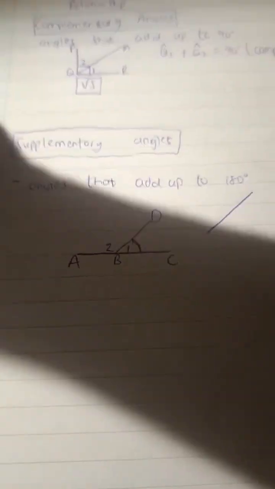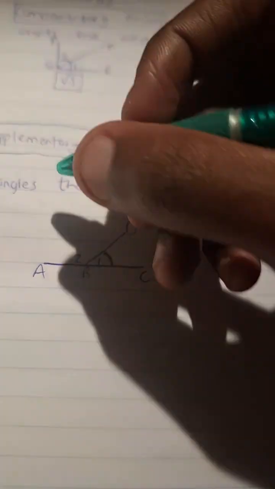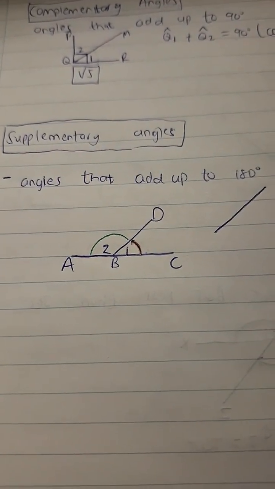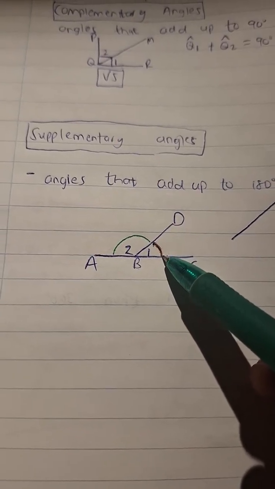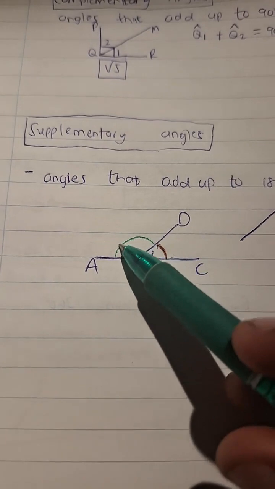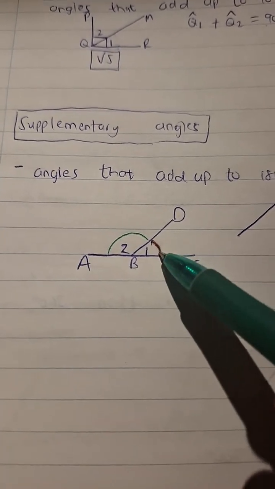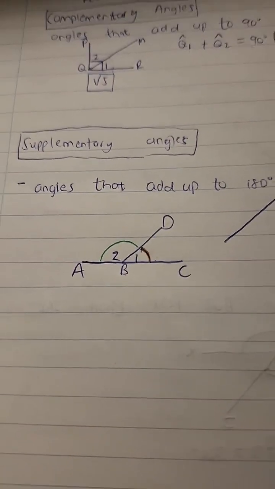I hope you guys understand, hey? It's very important to understand. And then B2 is from here to there. All right. So together, what do these angles do? They actually are angles that lie on a straight line. They form a straight angle together. So therefore, what is their relationship?